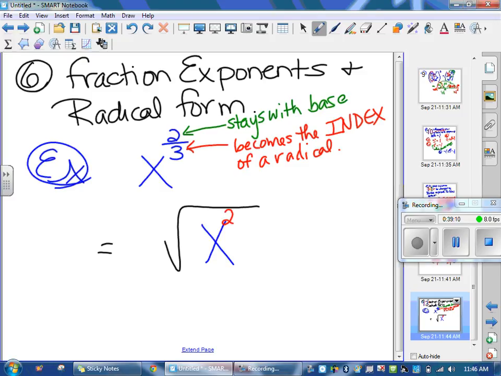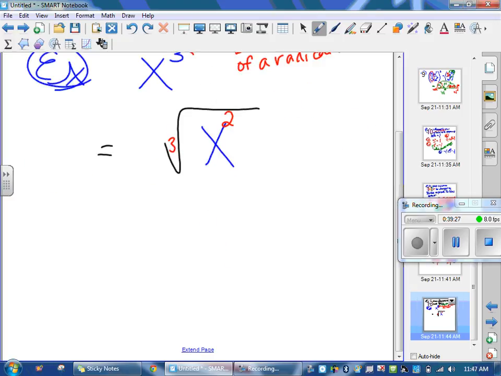It stays with the base. Where does the 3 go? The index, the check mark part. So this goes here, 3. And that's all you do. We'll do a couple more of those. Is that pretty clear on how to change those? Let's try again.